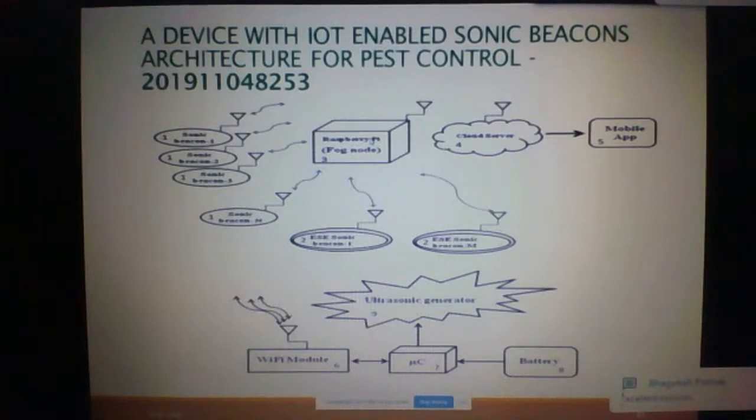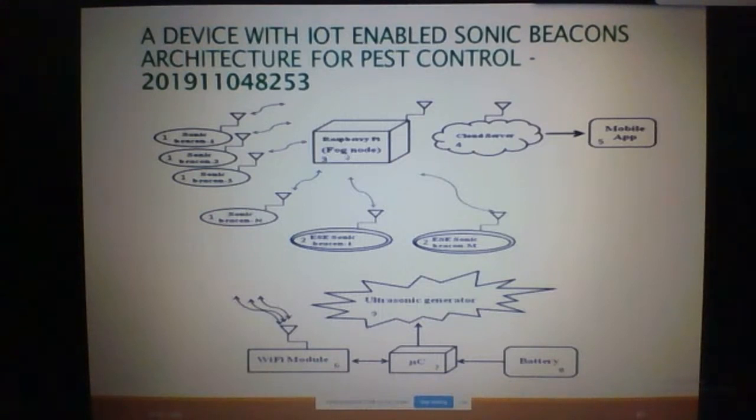Several beacons inside the store are connected with the fog nodes. Yeah, this is a fog node. As you are aware, fog computing, computer science faculty members are well aware of fog computing. This fog node is able to take data and send the required data to an application or cloud server.